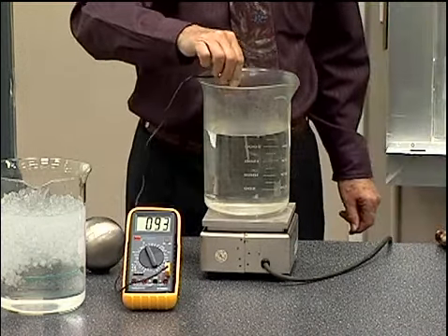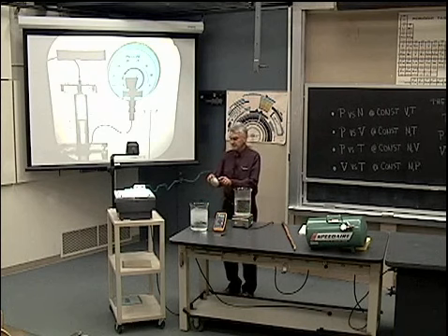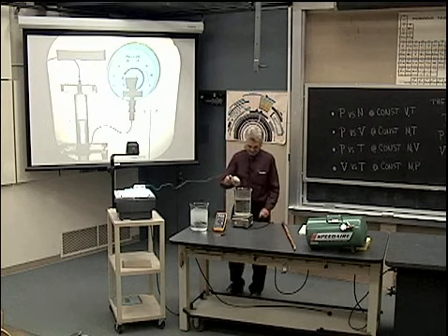And let's see what happens now to the pressure inside this bulb. Still very cool here. And let's see if we can get the pressure to increase in the bulb as the temperature of the bulb increases.